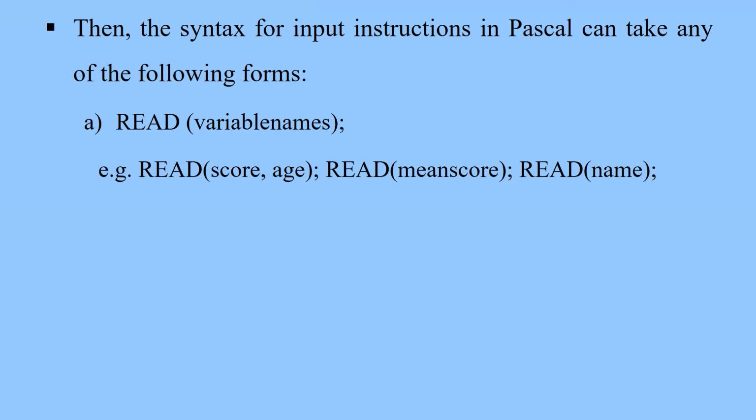Then, because name is a string, of type character, you can also read it separately. So we are reading score and age together because both of them are integers. It's not good to use the same read statement to read different types of data at the same time, like read score, age, miniscore, name. Those are different data types, so read them separately.